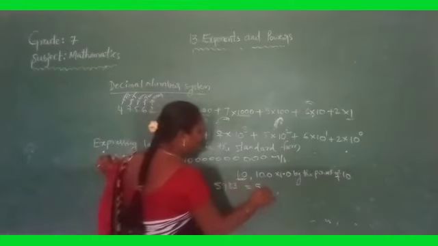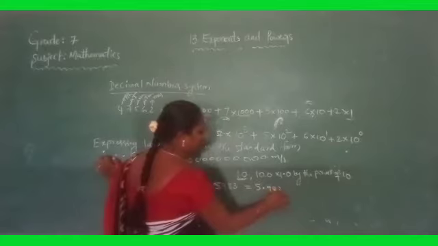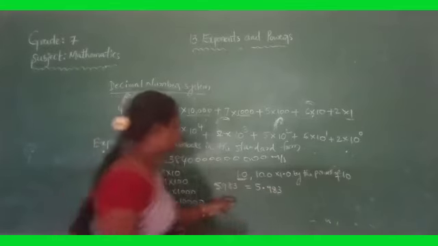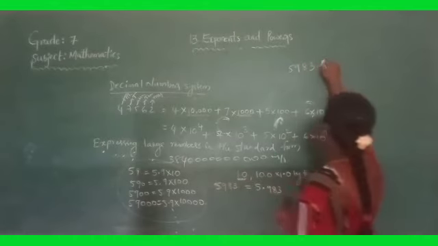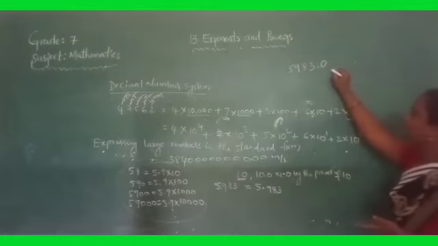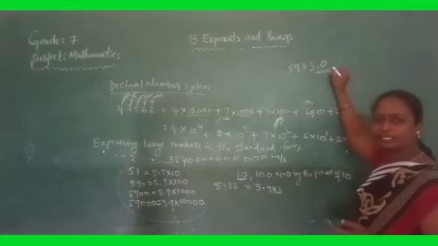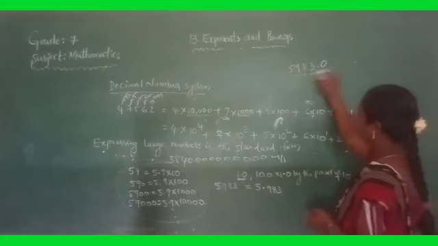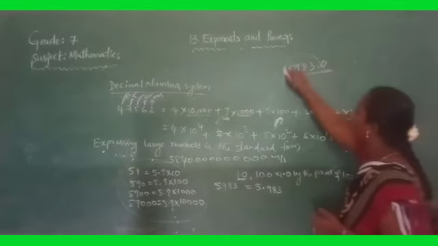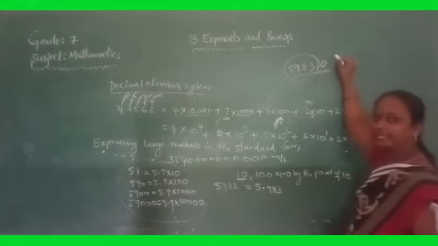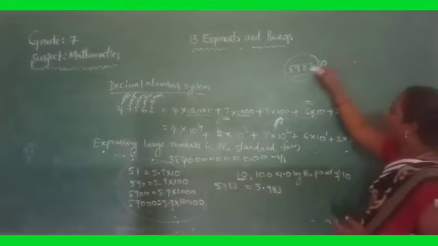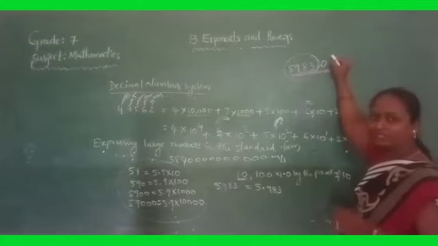Then 5.983. Otherwise, see here 5983 or 5983.0. If you write like this, is there any change? No, there is no change. The value is exactly the same. If you keep the point on the right side, there is no change. The same number will come.